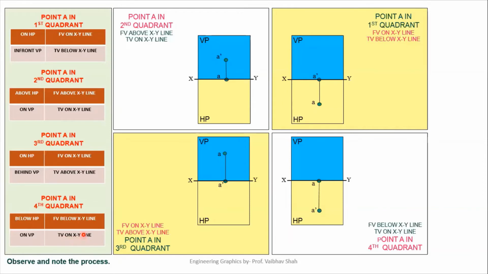So let us start. First we'll draw this XY line. As it said, front view is below XY line, so we'll draw the front view below XY line, which is your A dash point. And top view would be on XY line, so we'll plot point A on this XY line. So it is very simple.